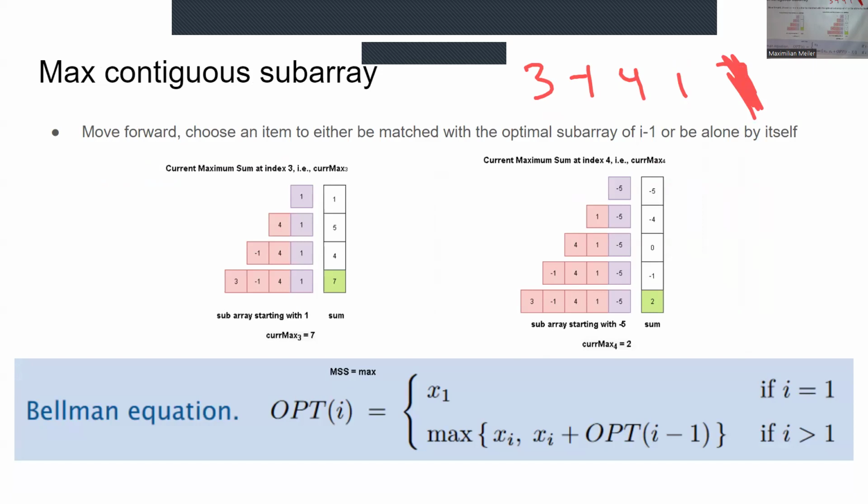You want to find the maximum chunk. A contiguous subarray means the elements all have to be in one block; they can't be split apart, where the overall value is the greatest.